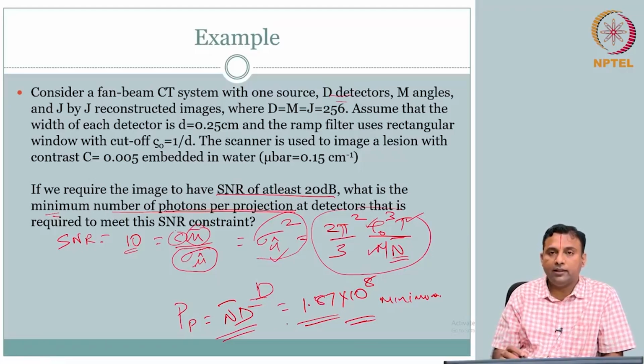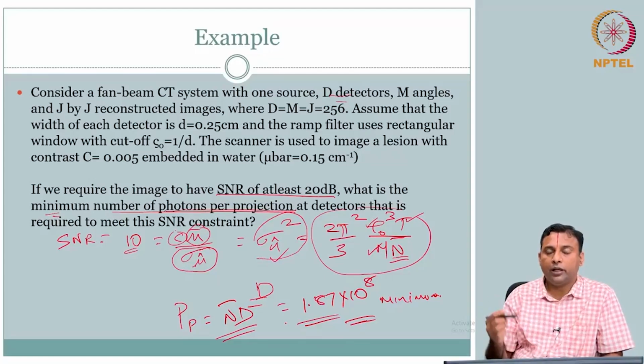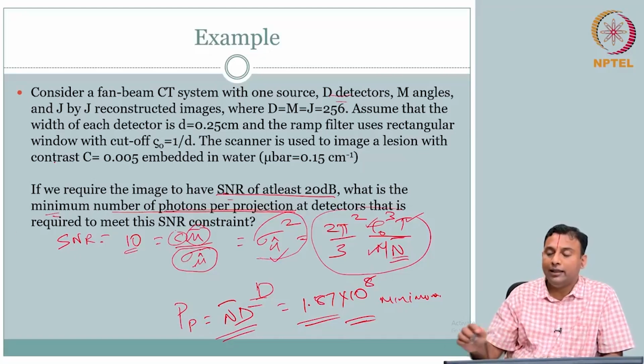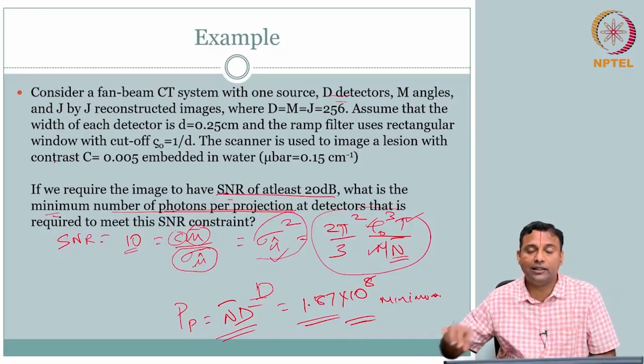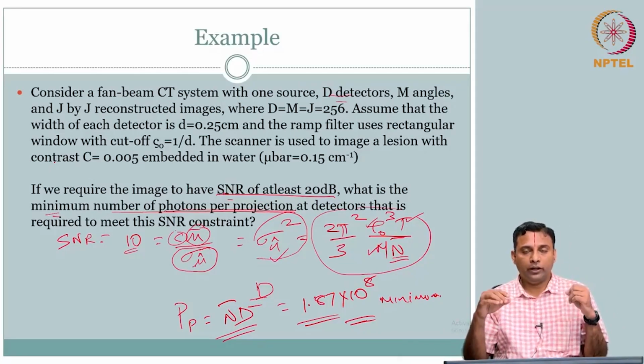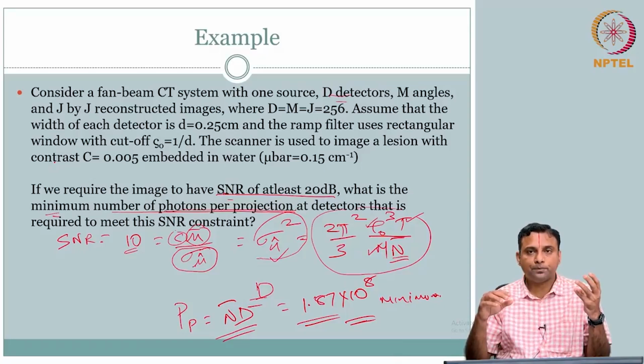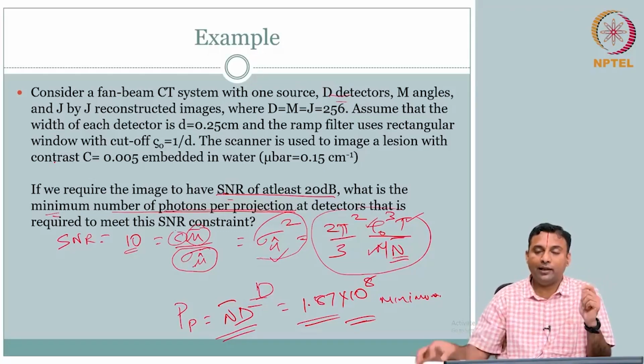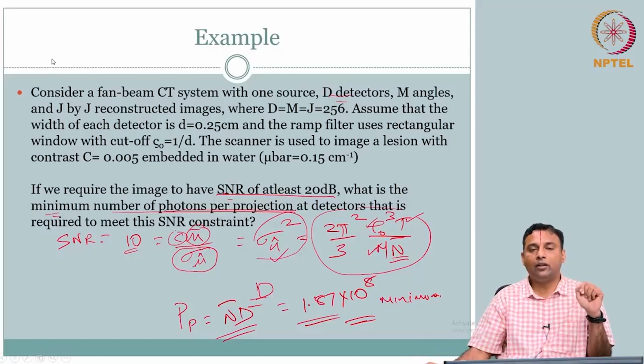Based on this answer, you are going to ask the technician to acquire the image so that you can make a diagnosis. So you should know the end requirement and how that controls the data acquisition settings. This is important. So in the context of covering the physics, instrumentation and image quality, I hope you will be able to swiftly go back and forth and understand how to connect all the three concepts.